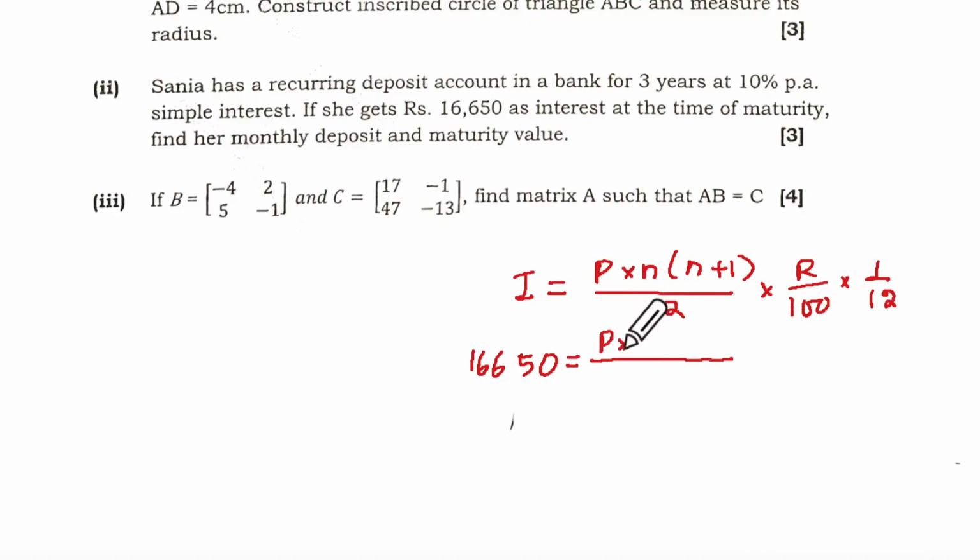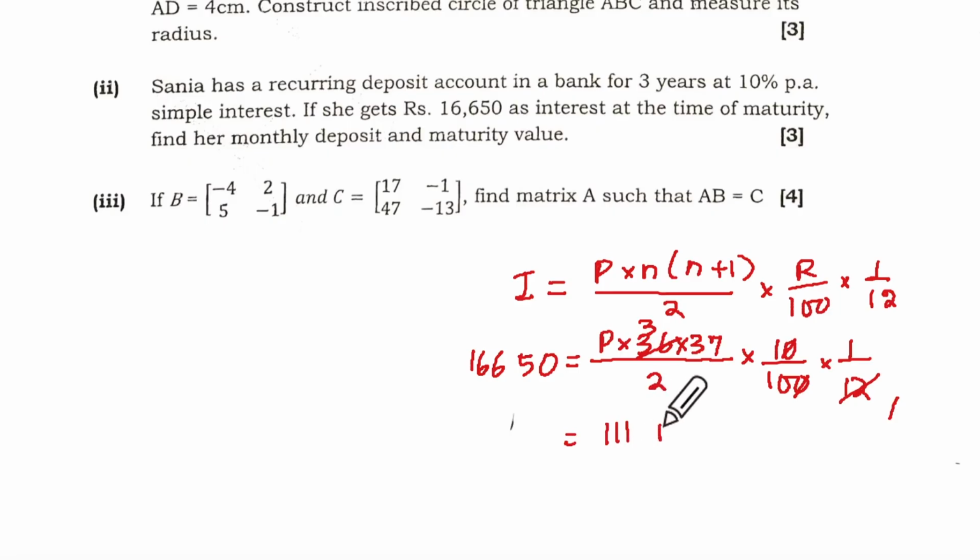So P into 3 years means 36 into 37 upon 2. R is 10 upon 100 into 1 upon 12. Now the 12 ones and 12 threes cancel, and remember P into 3 into 37 becomes 111P upon 20.